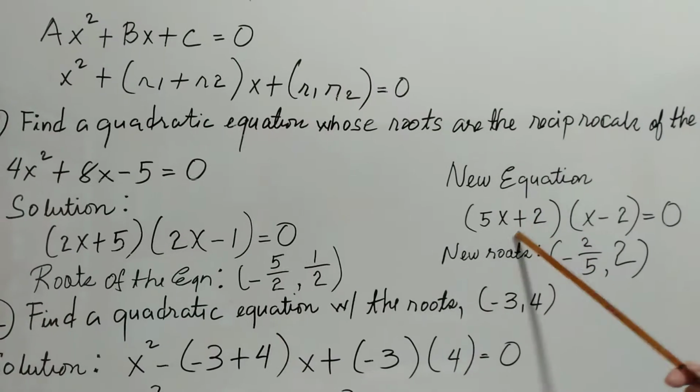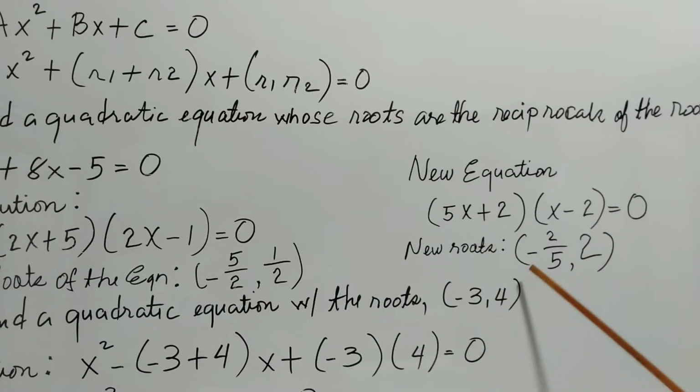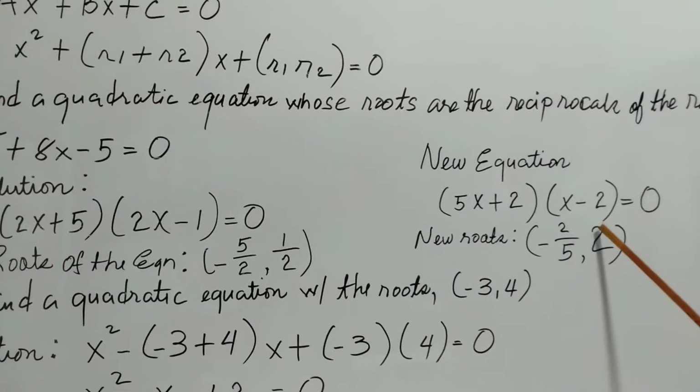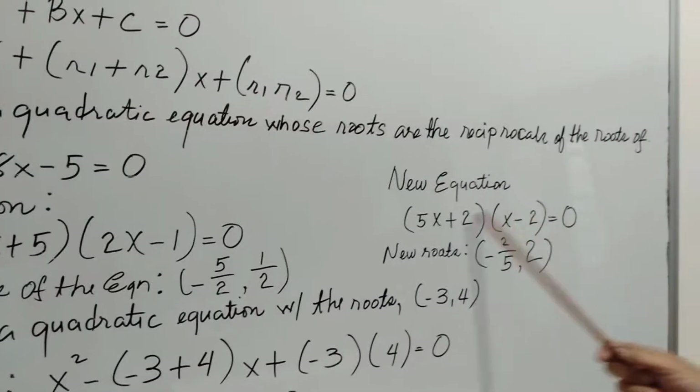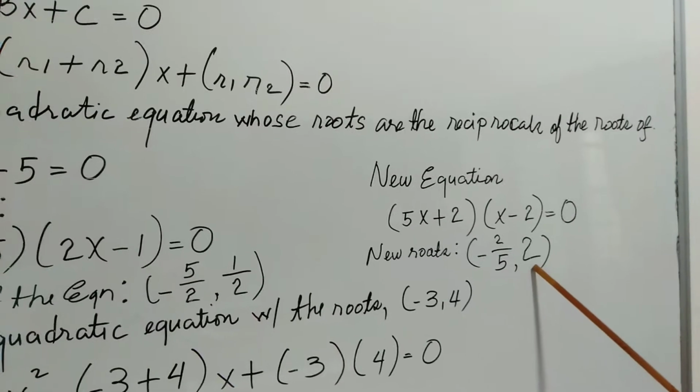So on this new equation, we find the roots, and we have negative 2/5 and positive 2. So this is our new equation with the new roots.